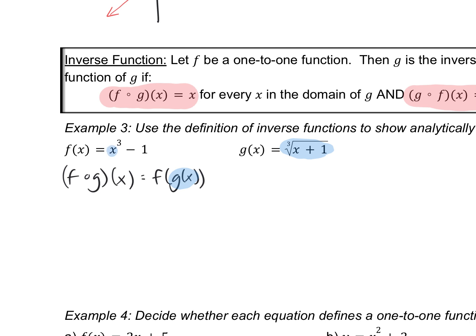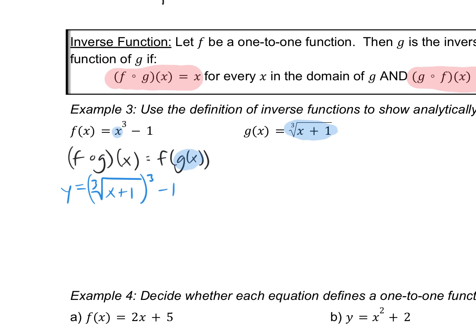I'm plugging it in for x, okay? So we now have y equals the cube root of x plus 1 in parentheses to the third power minus 1. All I did was take what that g of x equals, and I plugged it in just for x, right?